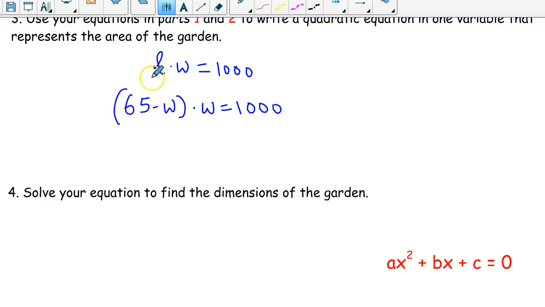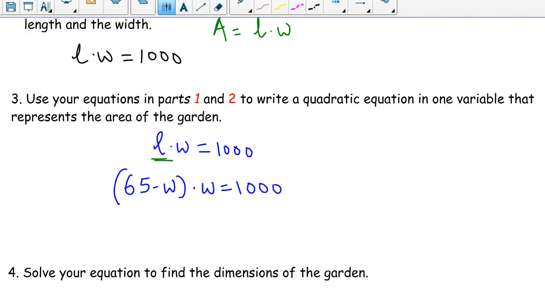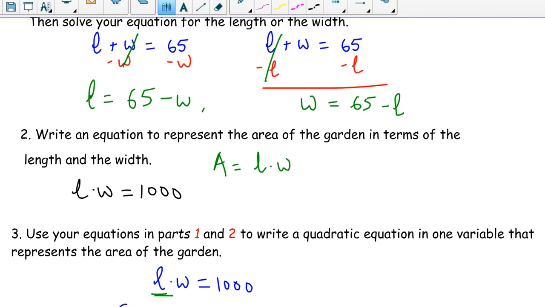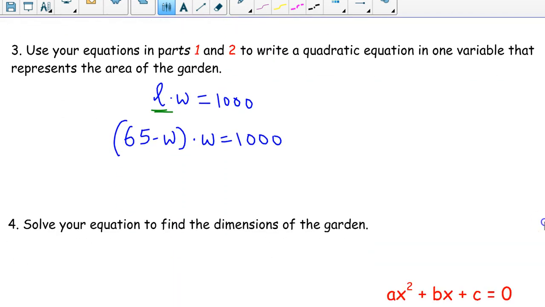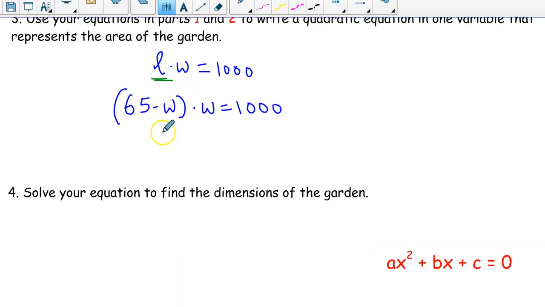So just remember, this L is replaced by its formula or the solution that you have here. You solved for L. L is 65 minus W. That's all. Nothing special there, just replaced.